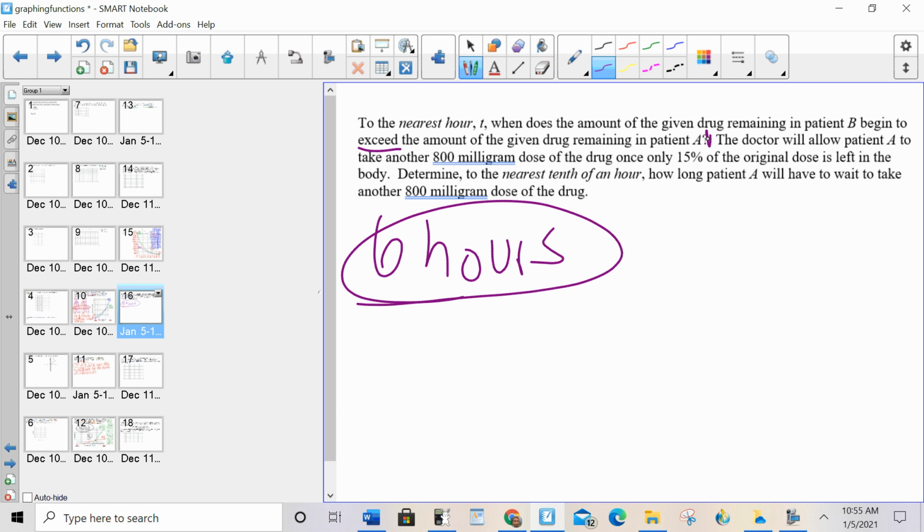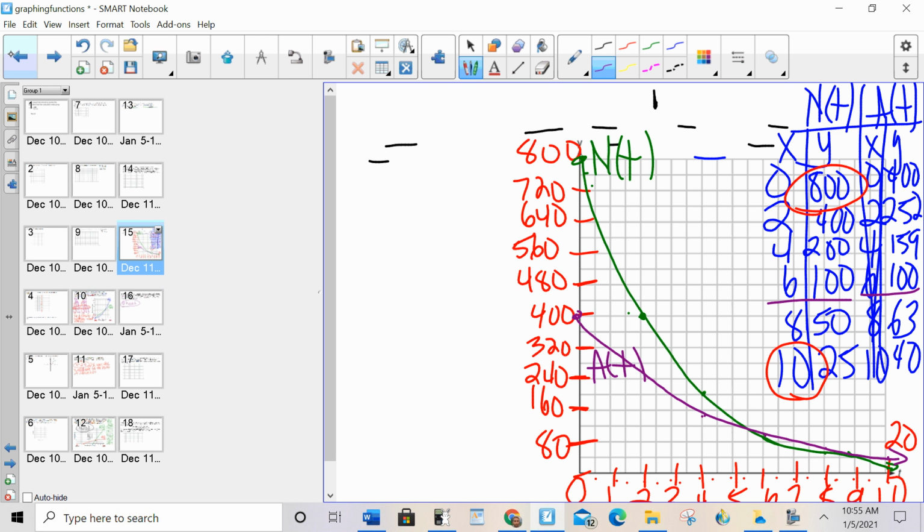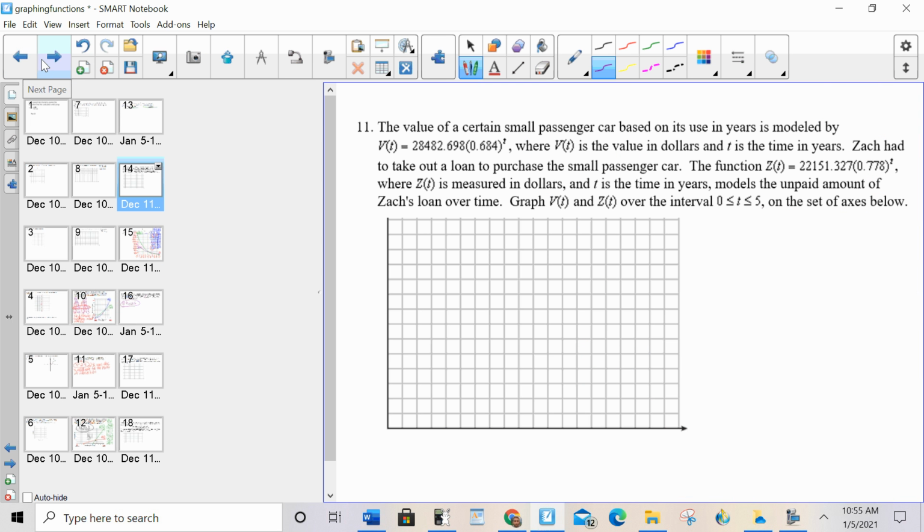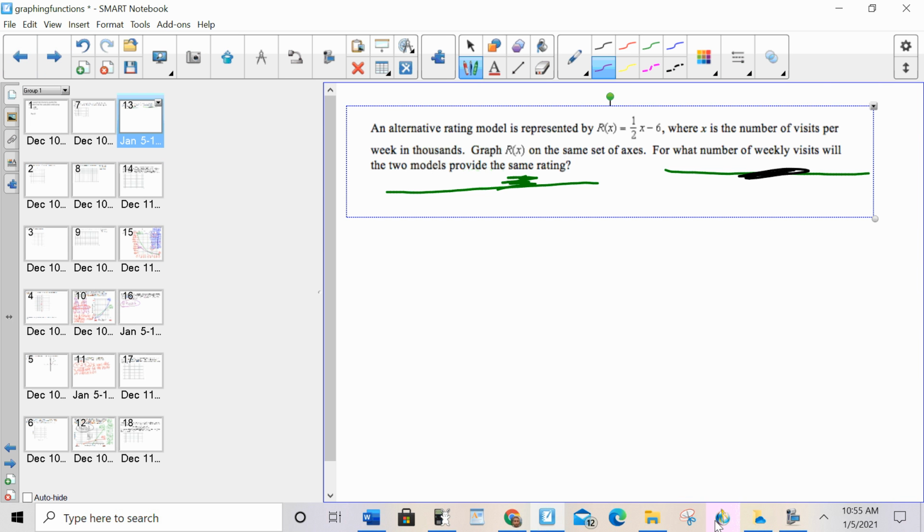The doctor will allow patient A to take another 800 milligram dose of the drug once only 15% of the original dose is left in the body. So patient A, it would be nice actually to have that little blurb back.